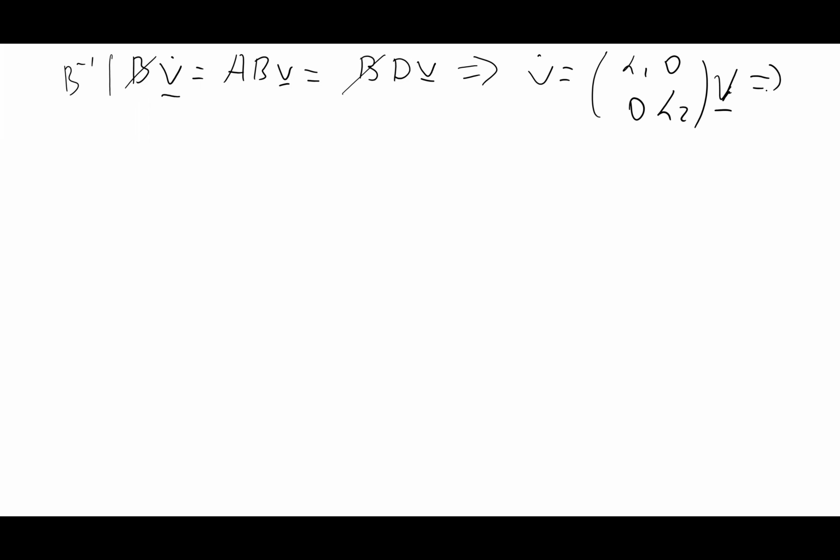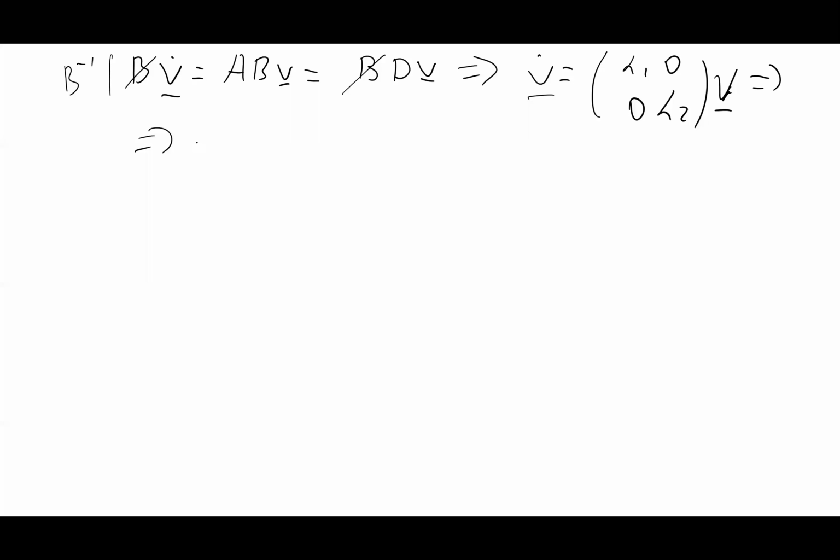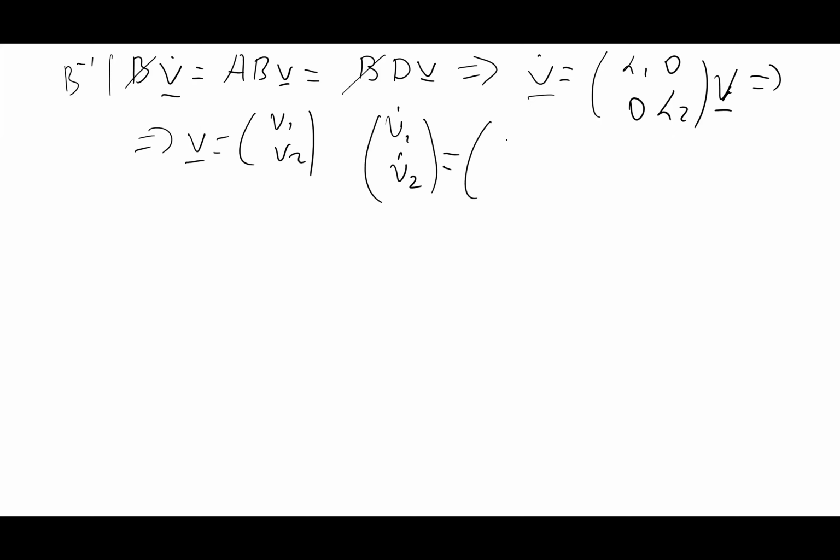And from here we can see, if V has components V1, V2, then we'll have V1 dot, V2 dot equal to lambda 1, 0, 0, lambda 2 times V1, V2.